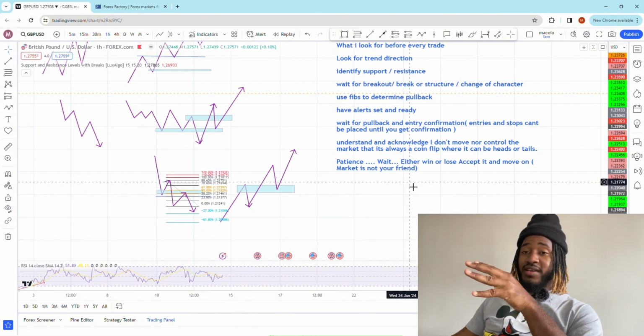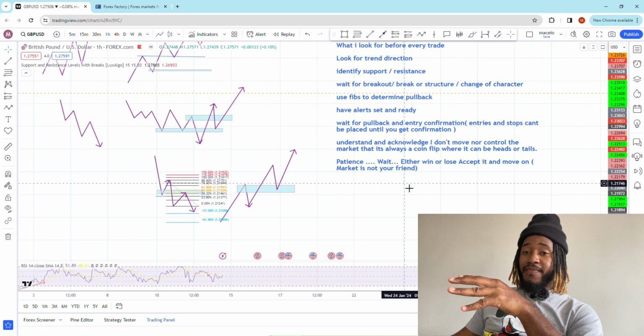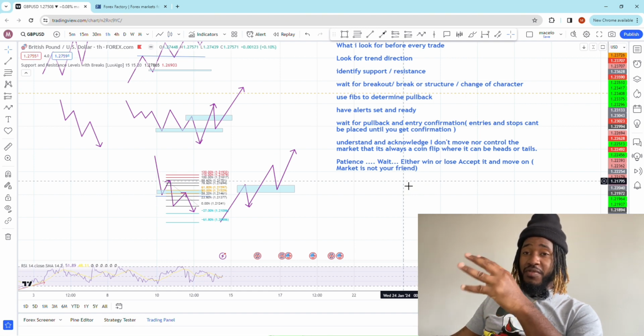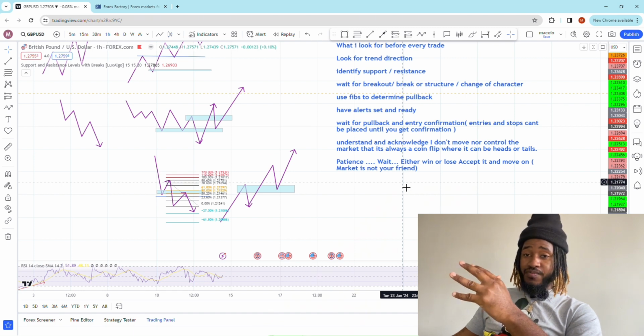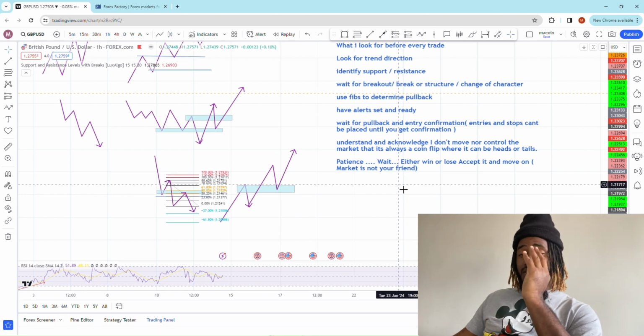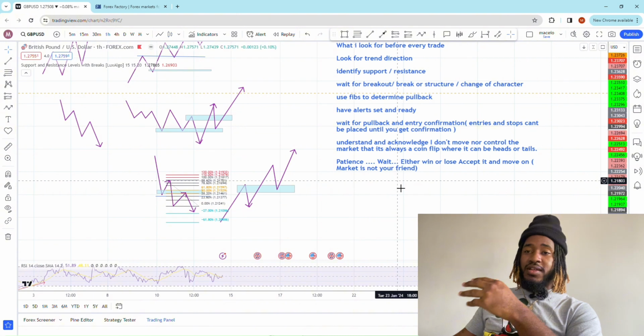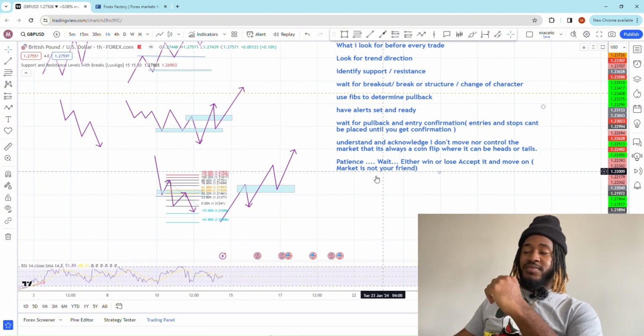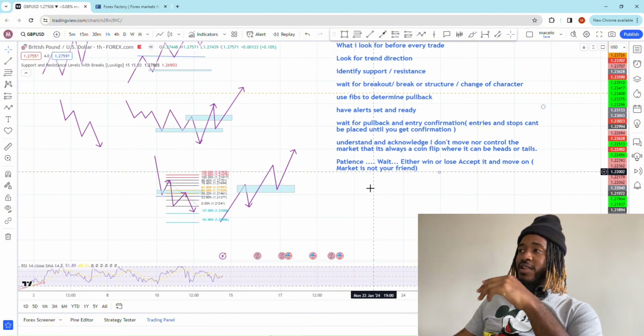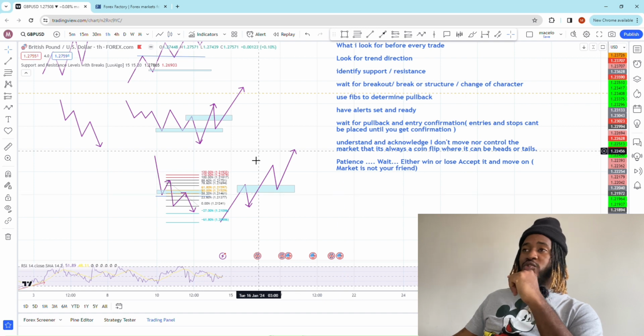Don't think the market cares about how much money it takes from you. You have to make money, and by you making money, you also have to understand and know you're going to lose money in the process. That's business.